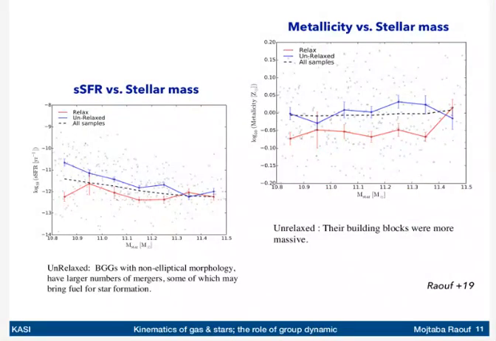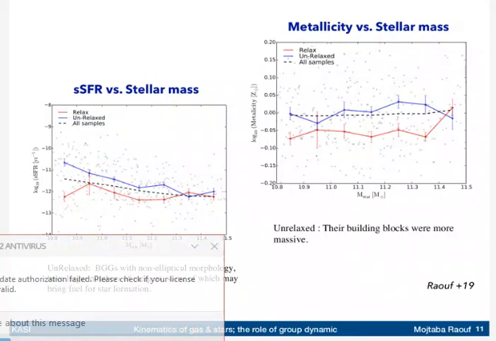We also check the metallicity and the star formation rate of these two types of systems. You can see we have a higher metallicity in the BGG of unrelaxed systems, which may be due to their massive building blocks, and it is over the median of all samples.